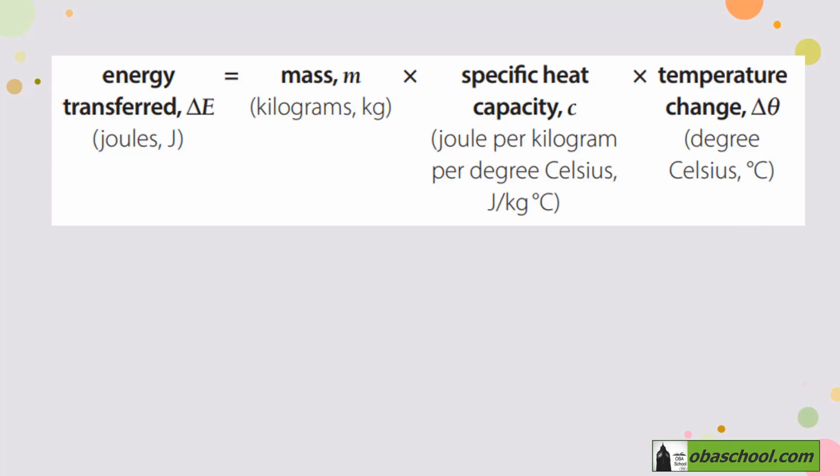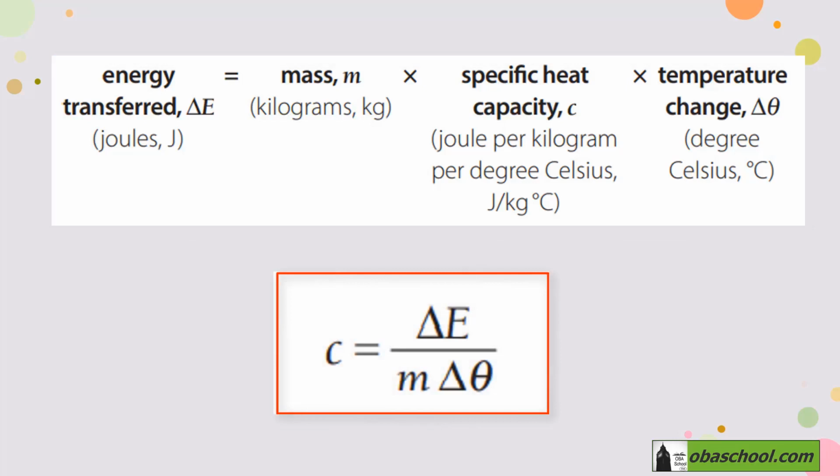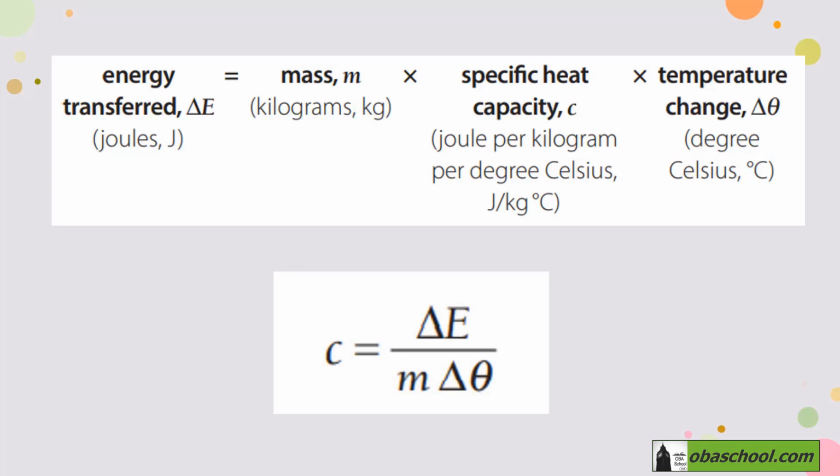So the energy transferred, delta E, equals the mass multiplied by the specific heat capacity multiplied by the temperature change. To find the specific heat capacity of a substance, we rearrange the equation into this form. Like that, we can obtain the specific heat capacity for any material.